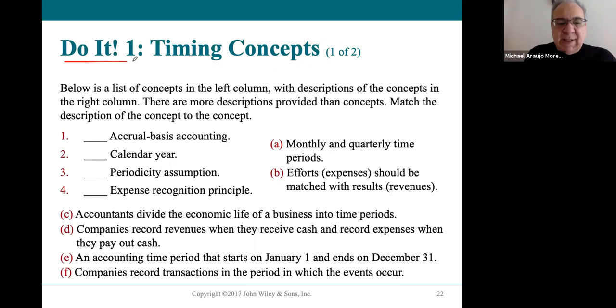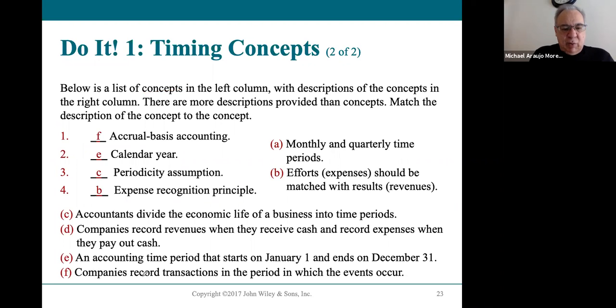Okay, mostly definitions and understanding what we're going to be doing in this chapter. So here we have a list of concepts on the left and the descriptions on the right, and we're supposed to match them up. So the accrual basis of accounting basically is when they record the transactions in the period they happened.